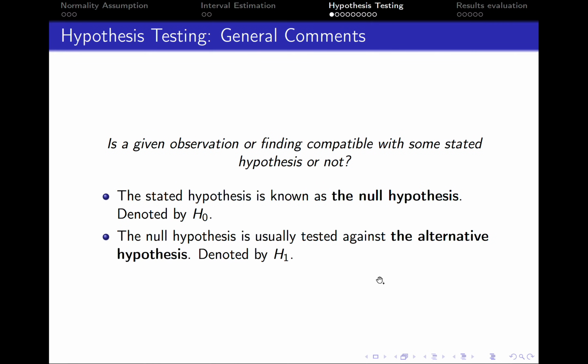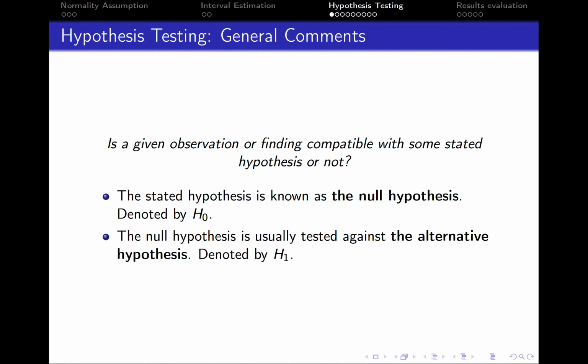Another important aspect of regression analysis is hypothesis testing, and I would like to start with some general comments. So when we run a regression, when we estimate regression coefficients, we would like to know whether our finding is compatible with some stated hypothesis or not, whether it meets the stated hypothesis or not.